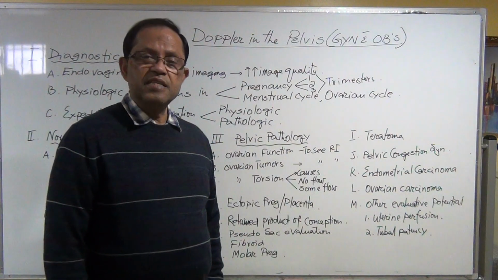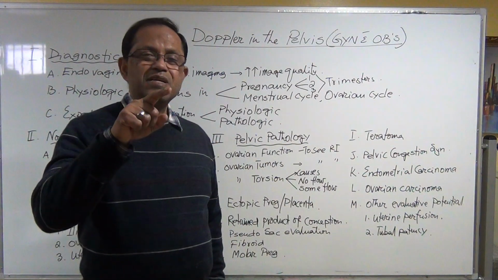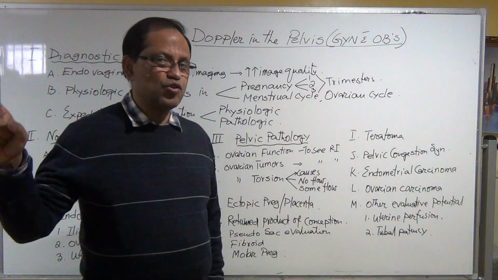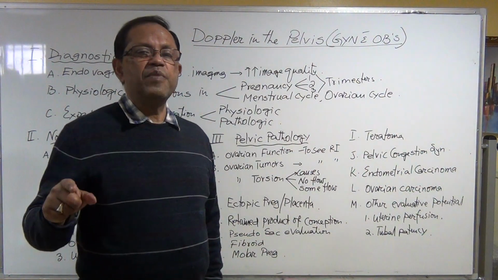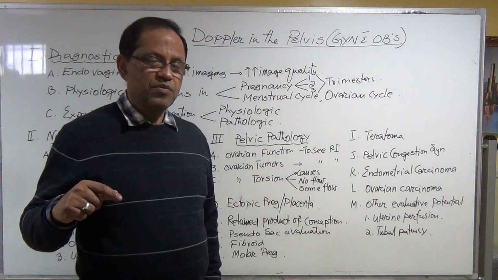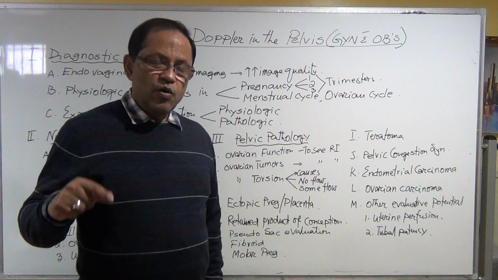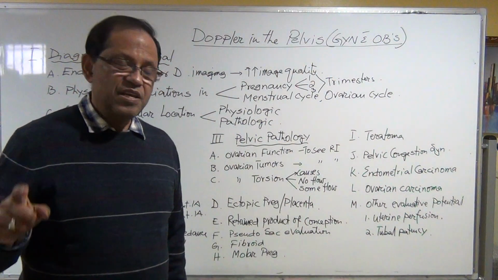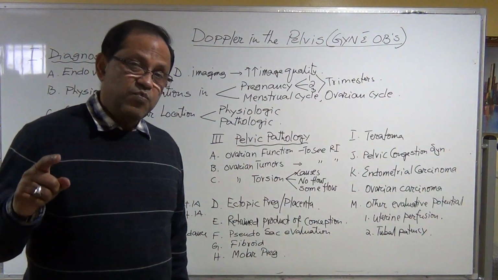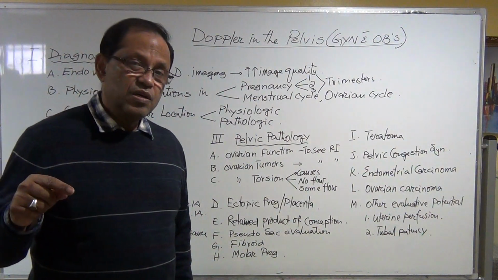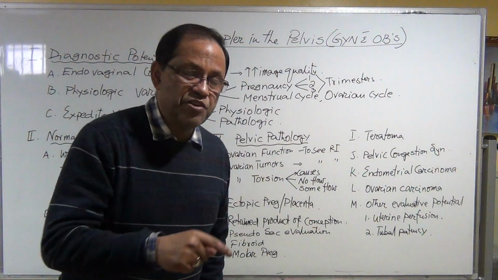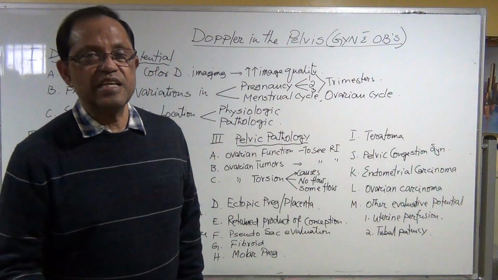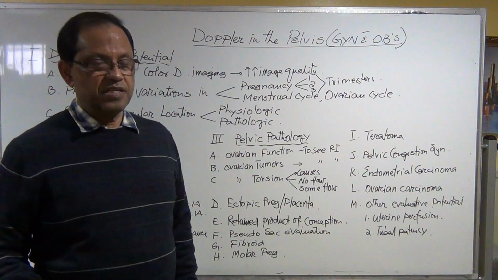Resistivity index is peak systolic velocity minus end diastolic velocity, divided by peak systolic velocity. If the resistivity index is high, then you have to understand the flow towards the uterus is facing a lot of resistance.